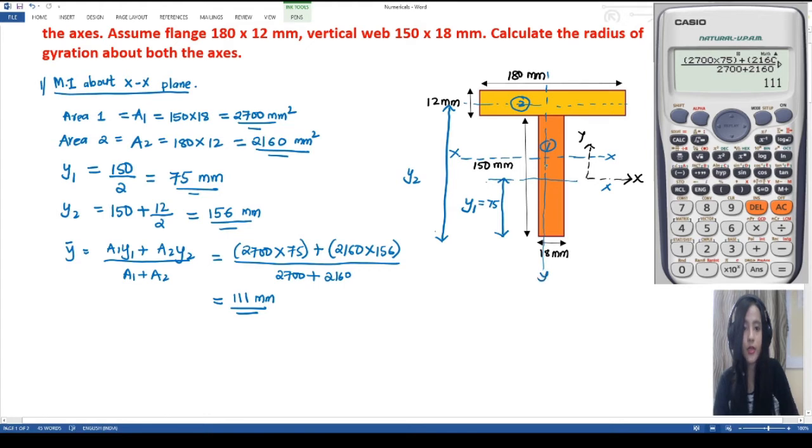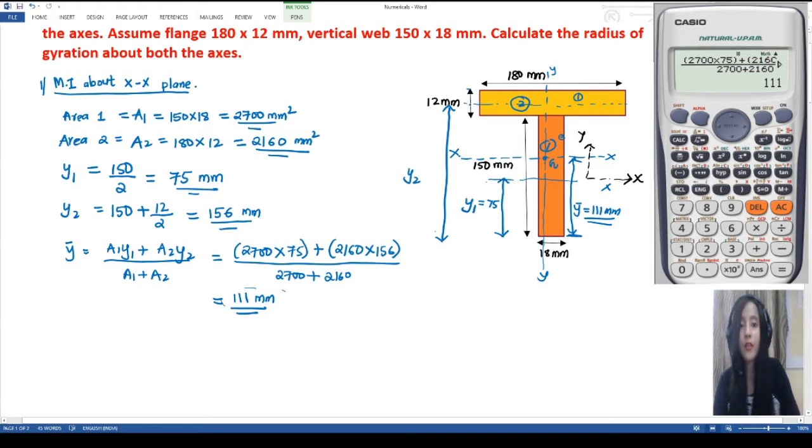And this centroid G, from this portion till this point here, my distance y bar is coming equal to 111 mm. Since we are making the section from the bottom, we need to go from the bottom. If you have made the section from the top, 1 and 2, this y bar distance would come different from the top portion.